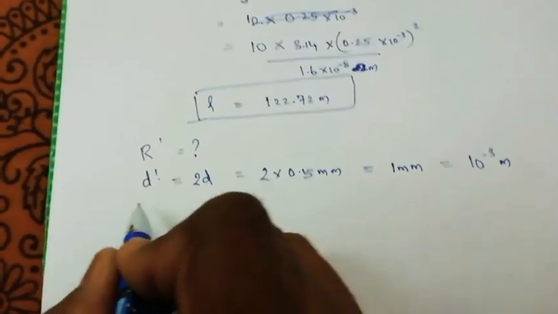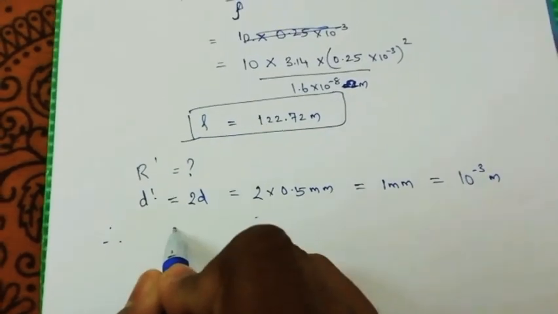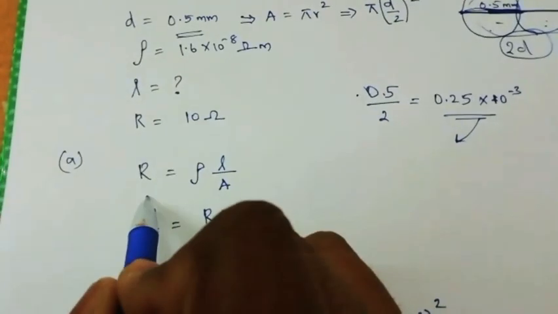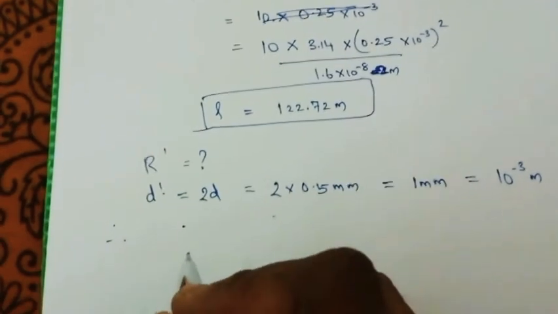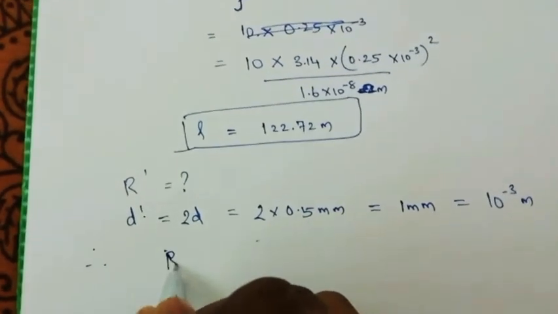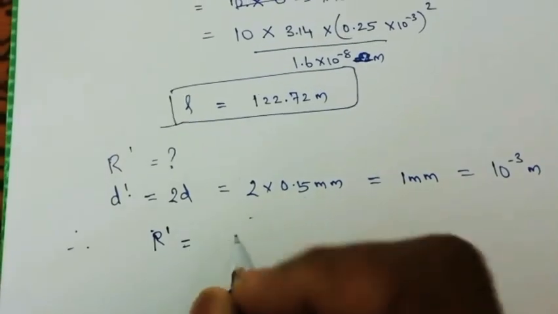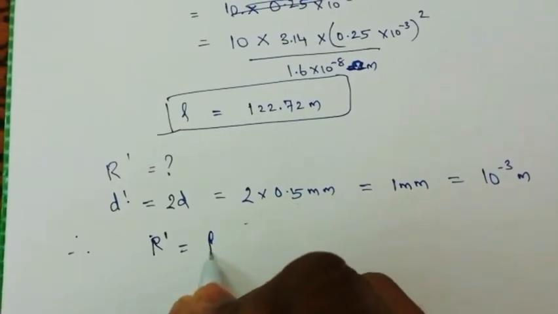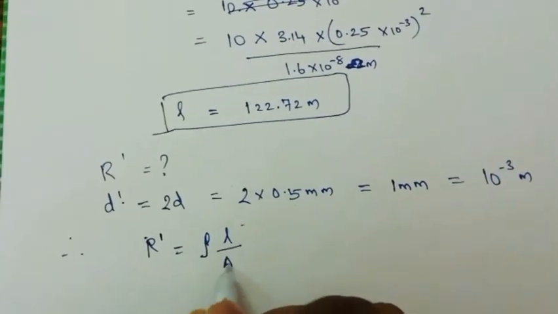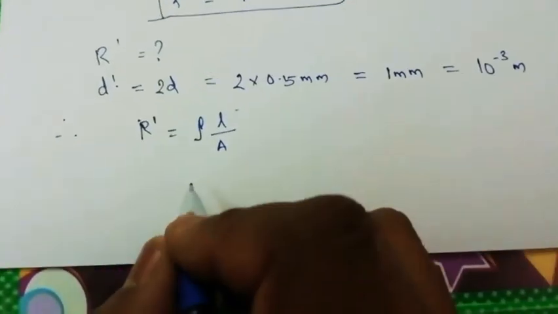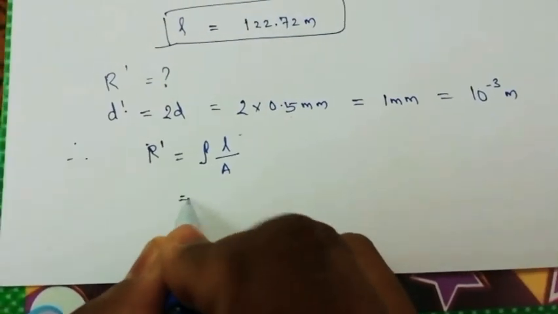Clear? So now we put it all in the formula. Same formula we write again: R dash is equal to rho L by A.